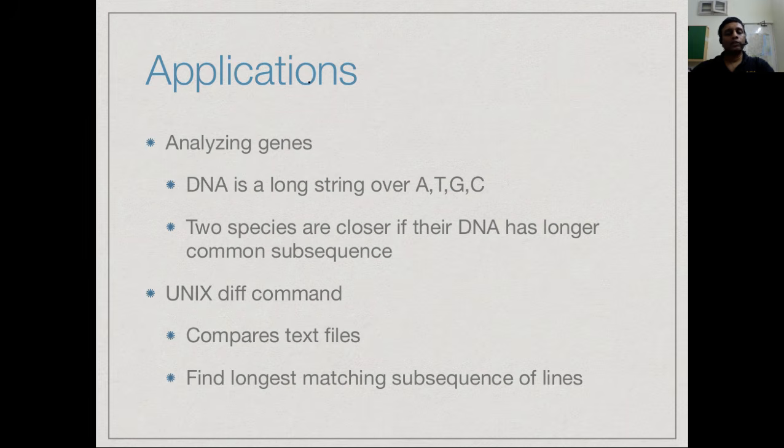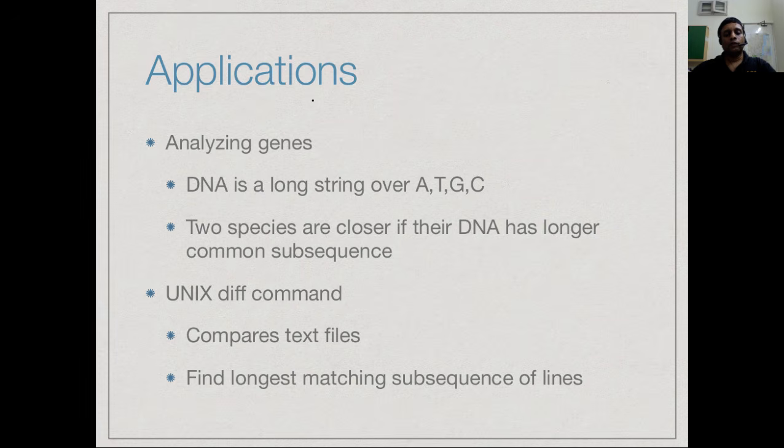Before we proceed, it's useful to look at why the longest common subsequence problem is interesting. One of the areas is bioinformatics. Biologists are interested in identifying how close two species are to each other in the genetic sense. Our DNA is basically a long string over an alphabet of size 4. These are the 4 proteins that form our DNA, abbreviated as ATGC.